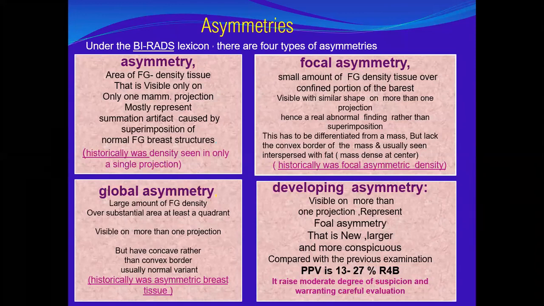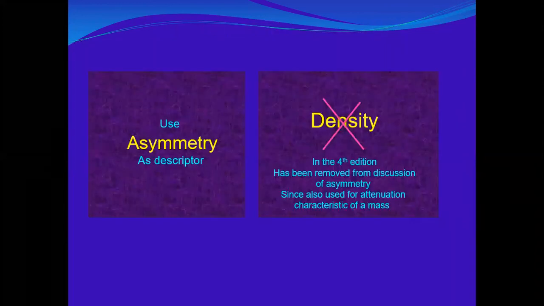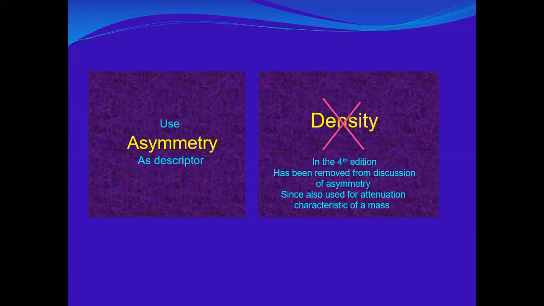So the asymmetry density was referred to as asymmetry, and focal asymmetric density is no more used. Don't say density. We are calling the descriptor now asymmetry. We have to use asymmetry as the descriptor since the fourth edition. Why?